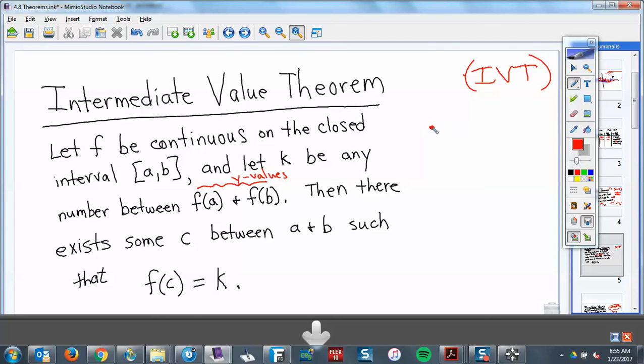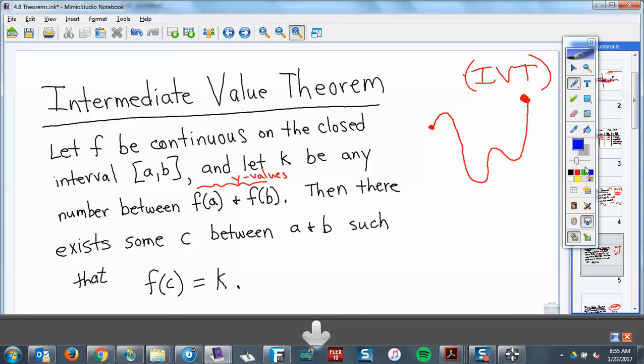Well, this would be f of a right here. This would be the y value, think of this. And basically what it's saying is that if a function starts here, and it goes up to here, and it comes down to here, and it goes to here, and it comes to here, and it goes up to here, or whatever, and it ends up here. Now here's where people get messed up with the f of a and f of b.